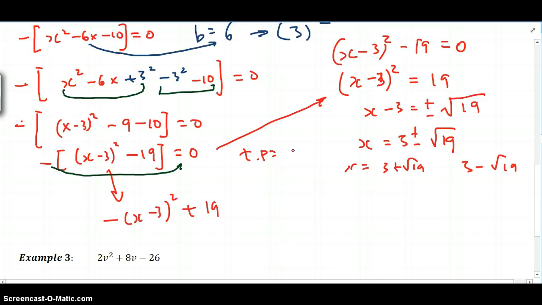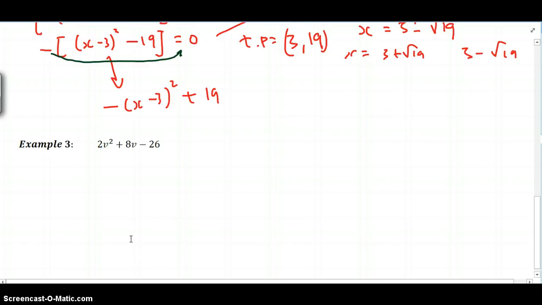So therefore the turning point will be 3 and 19. So you need to make sure that if you take a factor out and complete the square, you put it back in when you are trying to find the turning point.